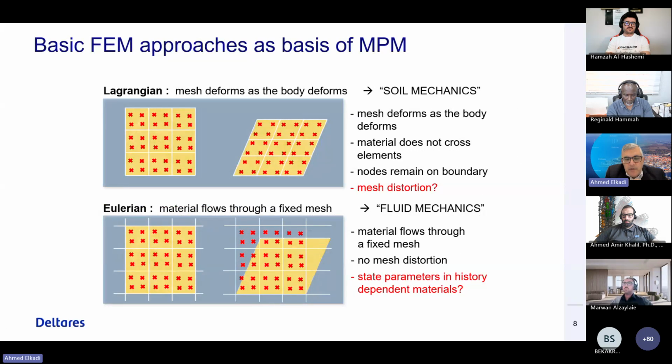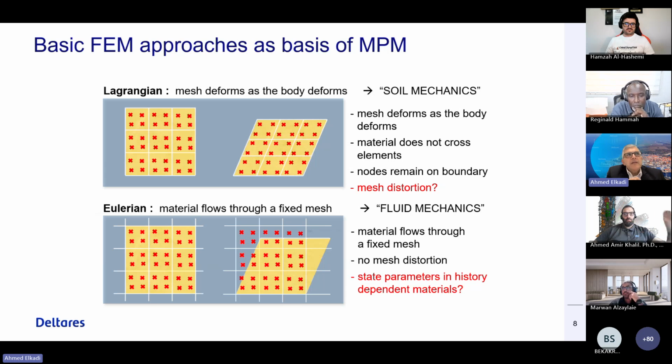What is the basic principle of MPM? Actually, it's a combination of a finite element Lagrangian background with an Eulerian solution for the particles. So what we have is a background mesh, as we know it in finite element, and particles that can flow through this mesh.